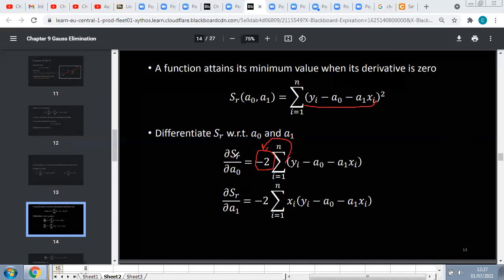So now, in order to have the derivative of SR with respect to A0 equal to 0, I just have the following condition: the summation from 1 to n of yi minus A0 minus A1xi should be equal to 0. This is equation number 1.